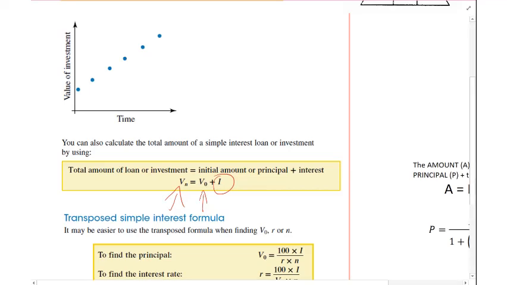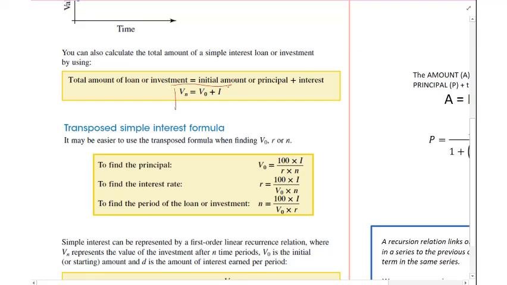The V0 is like my previous term, and this is the next term. If you remember back to when I talked about recurrence. So we can use this equation. That equation is important to realize.